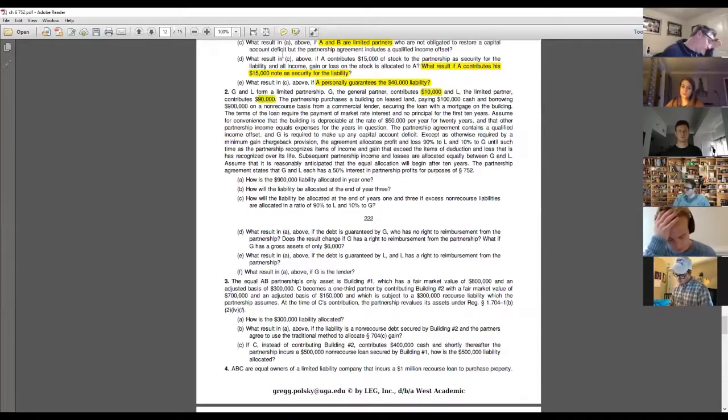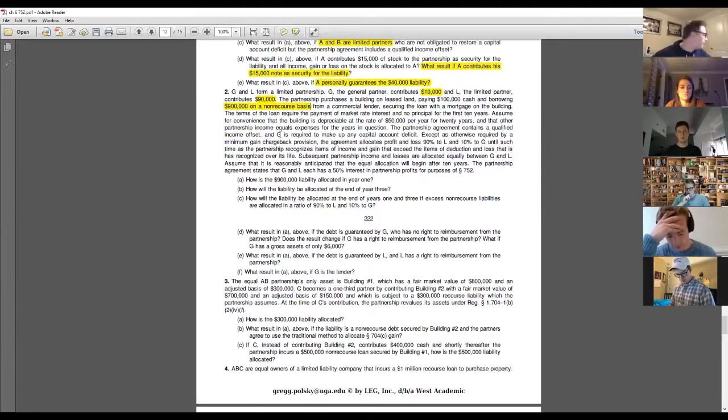The partnership is going to borrow another 900 on a non-recourse basis from a lender. They're going to take that $1 million and they're going to buy a building. The building's going to be depreciable straight line over 20 years.